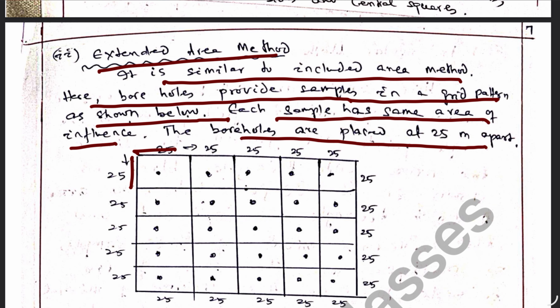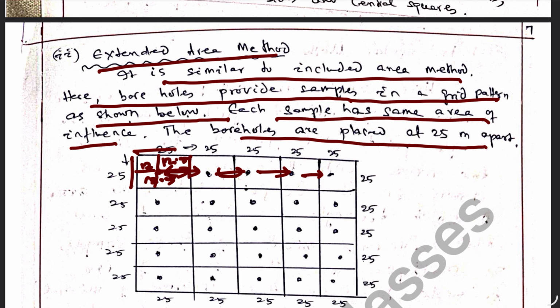The distance is 25 meter apart, and the area of influence of each sample is found out. This is 12.5, this is 12.5, this is 12.5, this is 12.5.